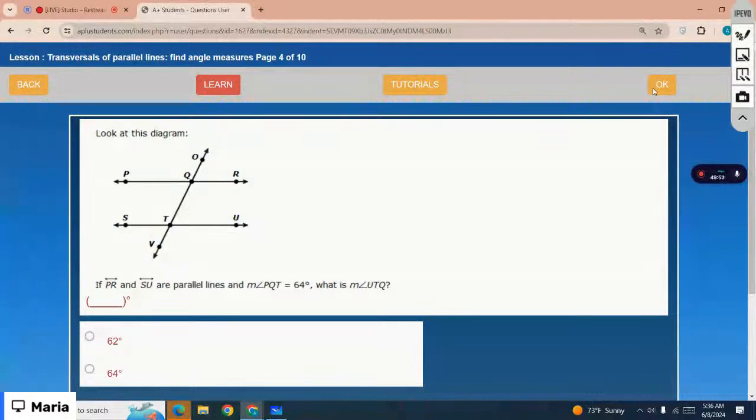UTQ also equals 61 degrees. The correct option is 61 degrees, right? The correct option is 64 degrees.